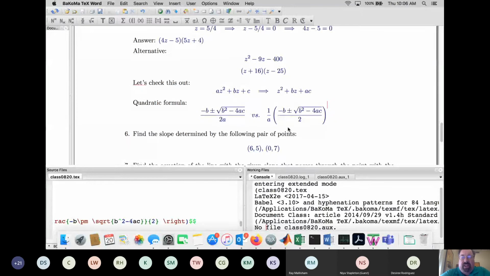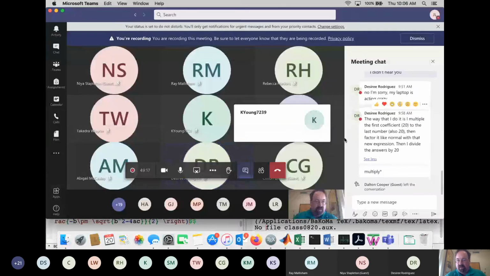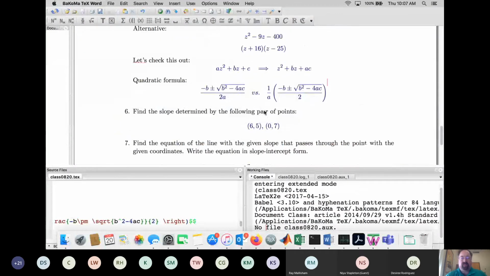Any questions that anyone has about these factoring problems before we move to a different type of problem? Okay.